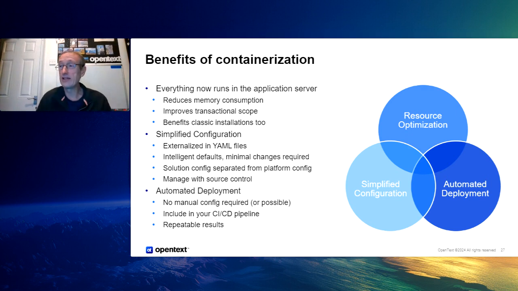So previously things could run in the app server and things could run in an independent process outside of it. In the container model now, we've moved everything into the application server, which means that everything is running in one space. It helps us reduce memory consumption. It helps us to improve the transactional scope of operations that go across different containers, different services.